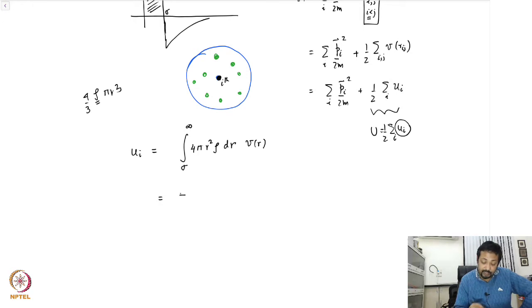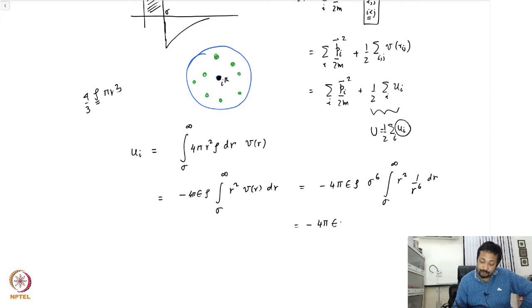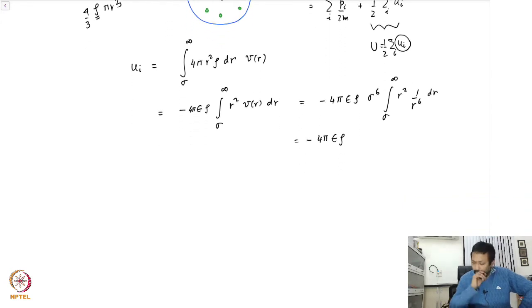So this becomes minus epsilon 4 pi rho integral from sigma to infinity of r square v of r dr, which is minus 4 pi epsilon rho sigma to the power 6 integral from sigma to infinity of r square times 1 over r to the power 6 dr. That gives you minus 4 pi epsilon rho integral of one over r to the power 4 dr, that is r to the power minus 4 from sigma to infinity.